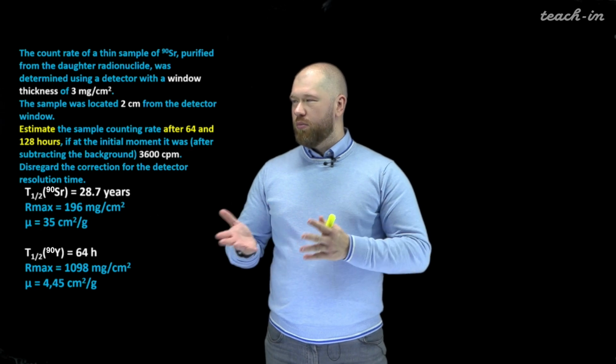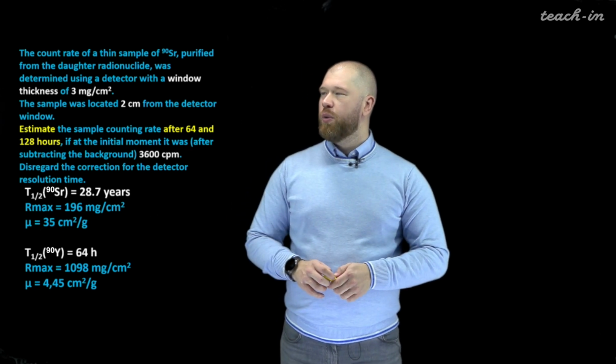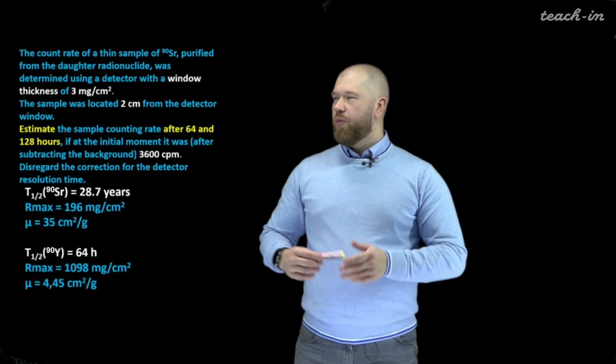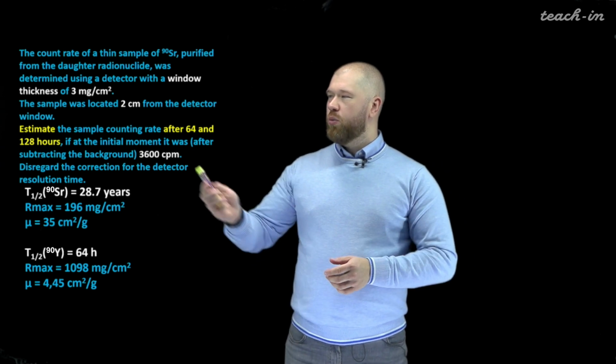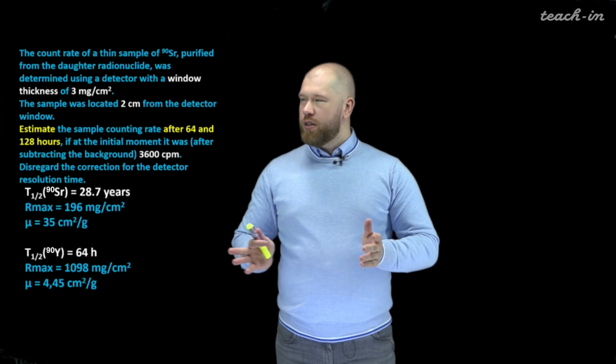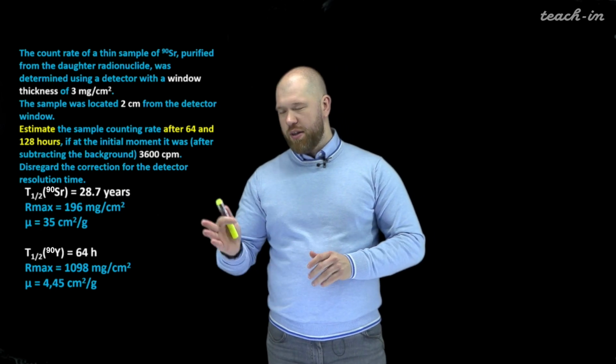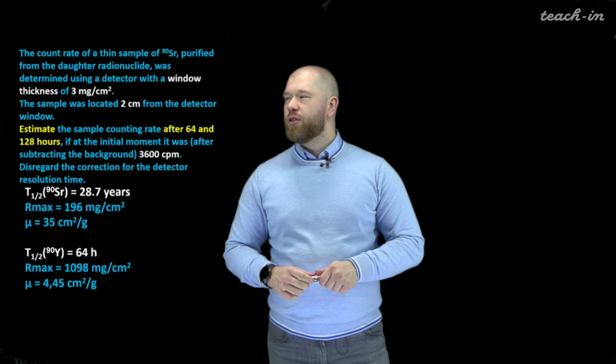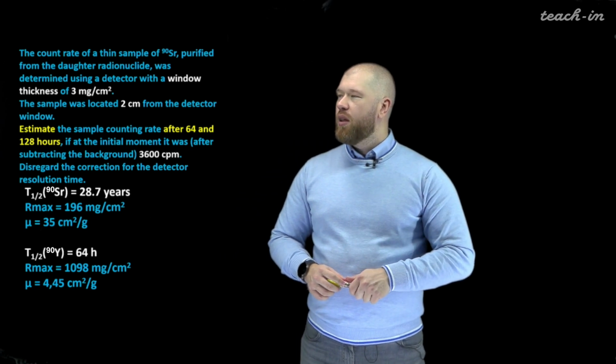We measure the count rate with a detector with a window thickness of 3 milligram per squared centimeter, and the distance again between the sample and the detector is 2 centimeters.